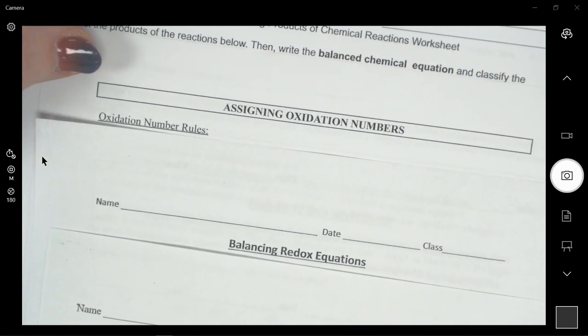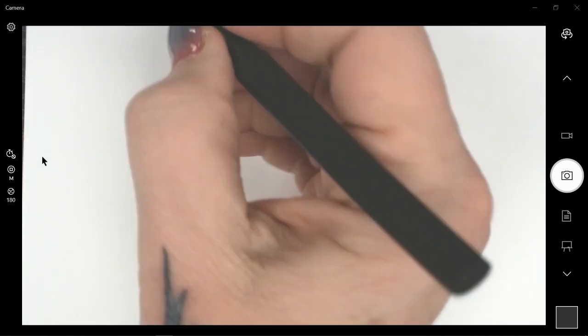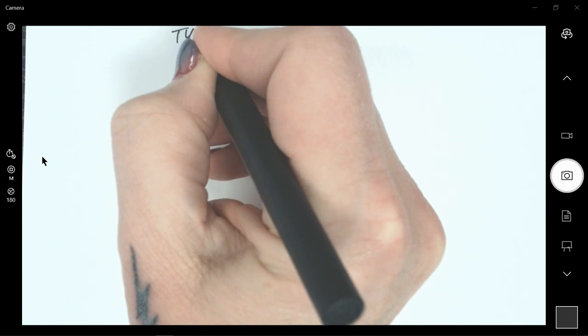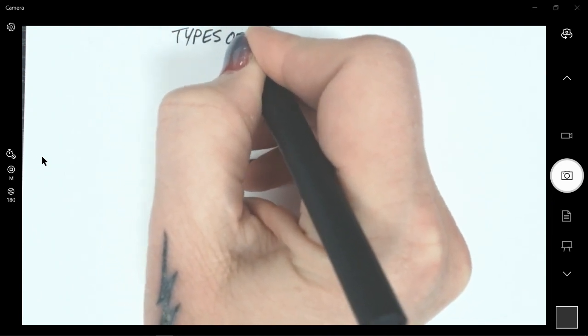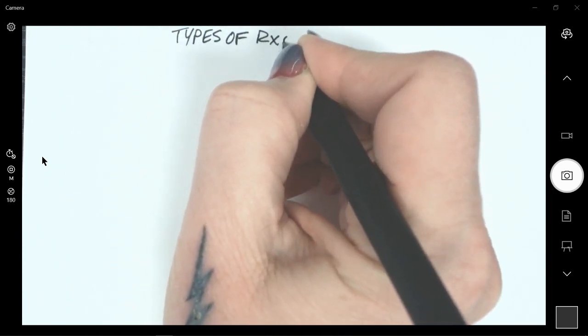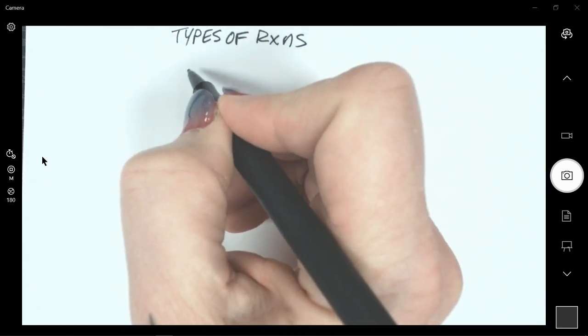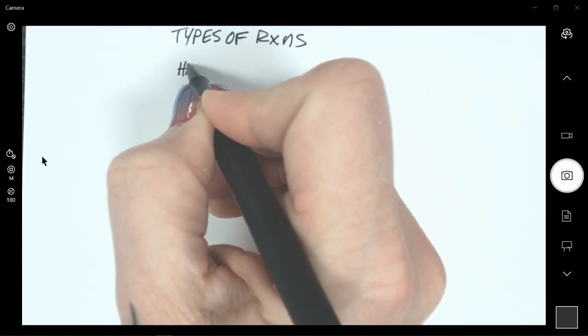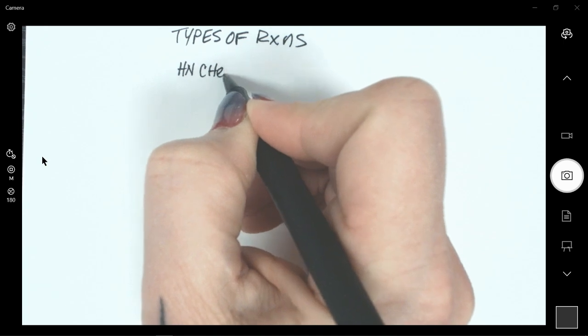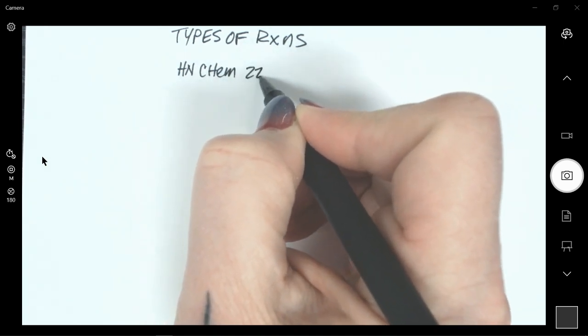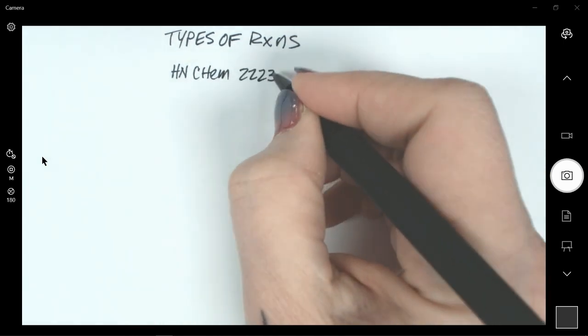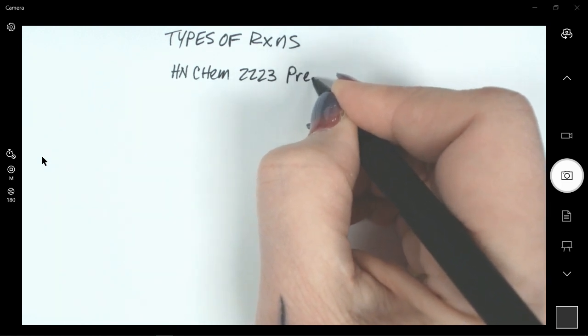You have types of reactions. There's 10, 22, 23 predicting products.